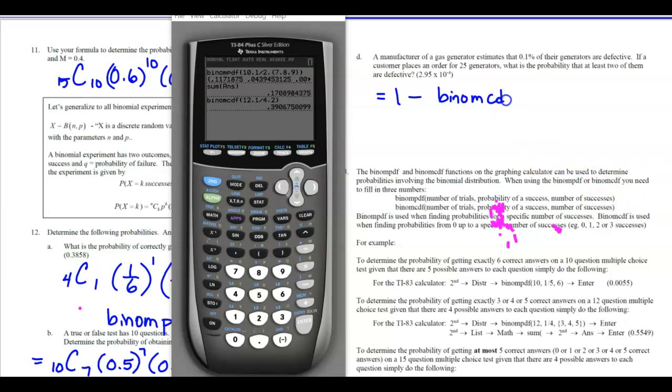CDF of, okay, 25. Being defective is our success. We don't want a percent in this, so convert that percent to a decimal without a percent sign, divide by 100. And then we want to go, we're subtracting 0 to 1. So our maximum, because we're doing PDF, right? That's going to be 1 now.